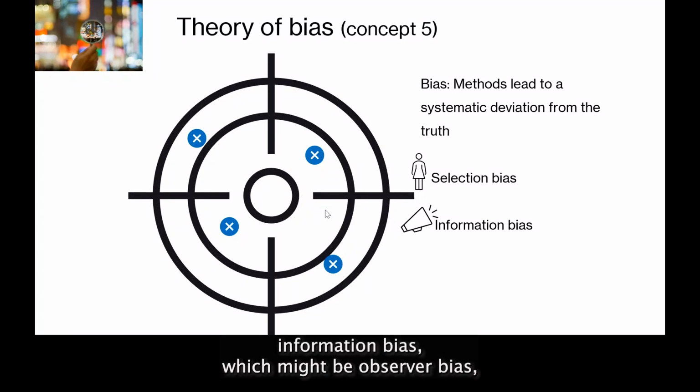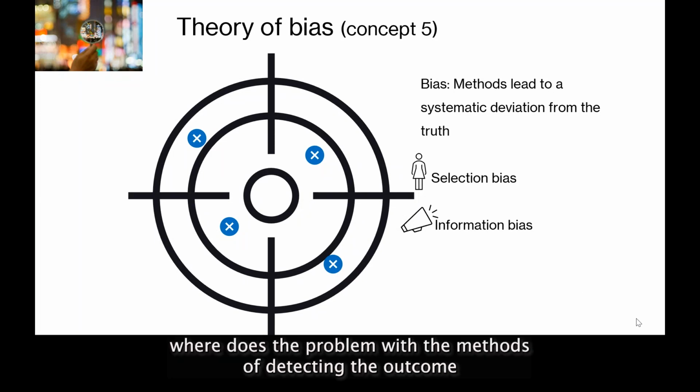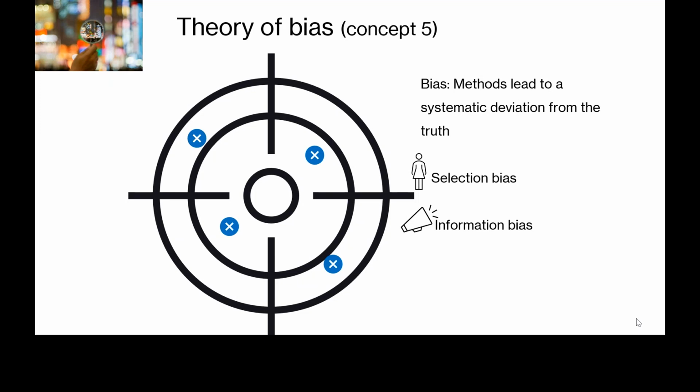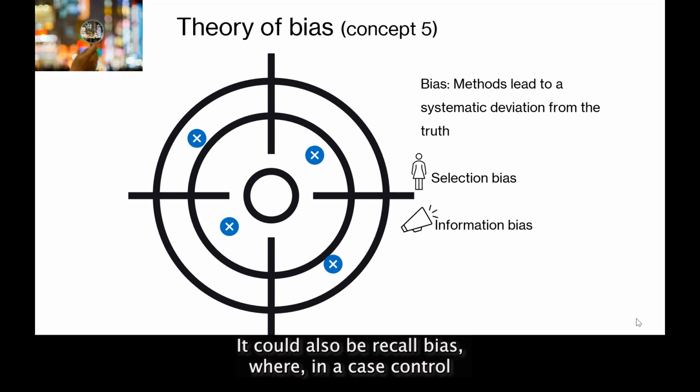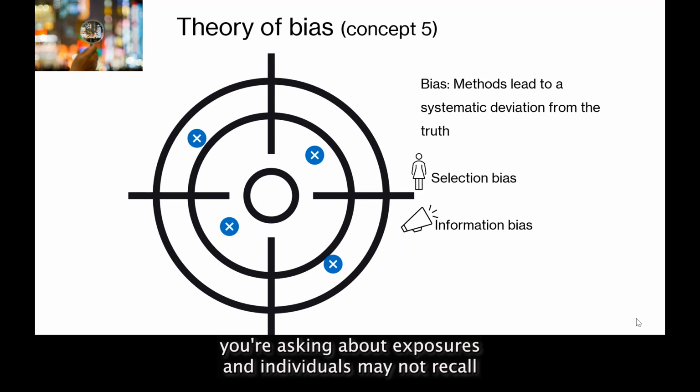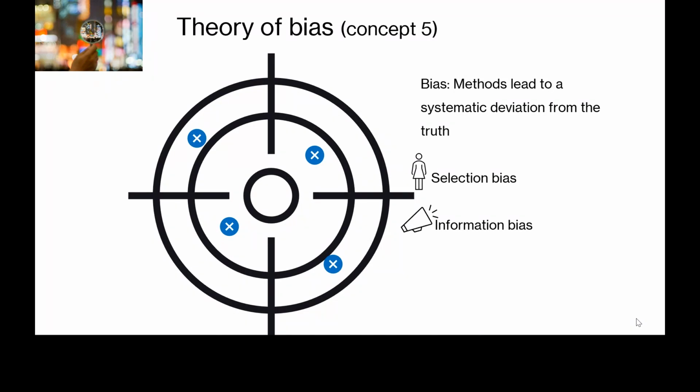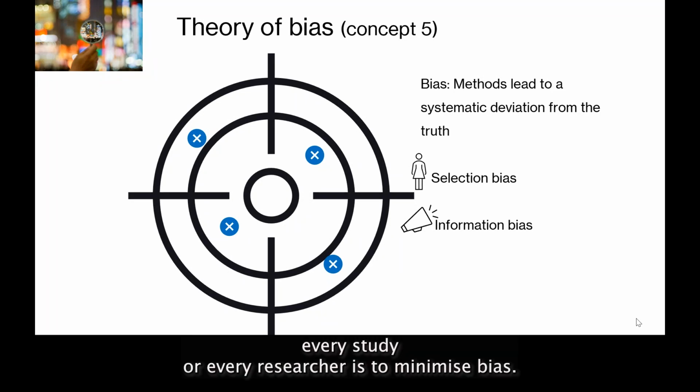Others include information bias, which might be observer bias, where there's a problem with the methods of detecting the outcome. It could also be recall bias, where in a case control, you're asking about exposures and individuals might not recall the history of their exposures. Now, the goal of every study or every researcher is to minimize bias.